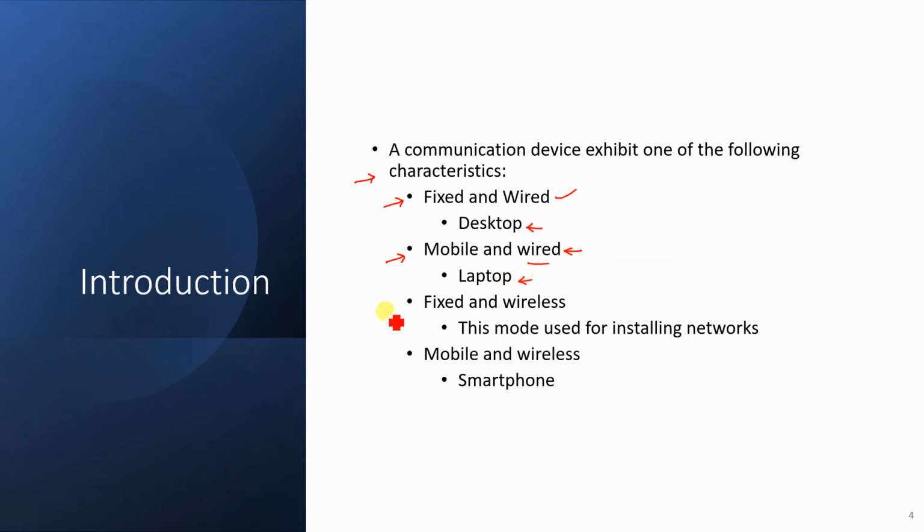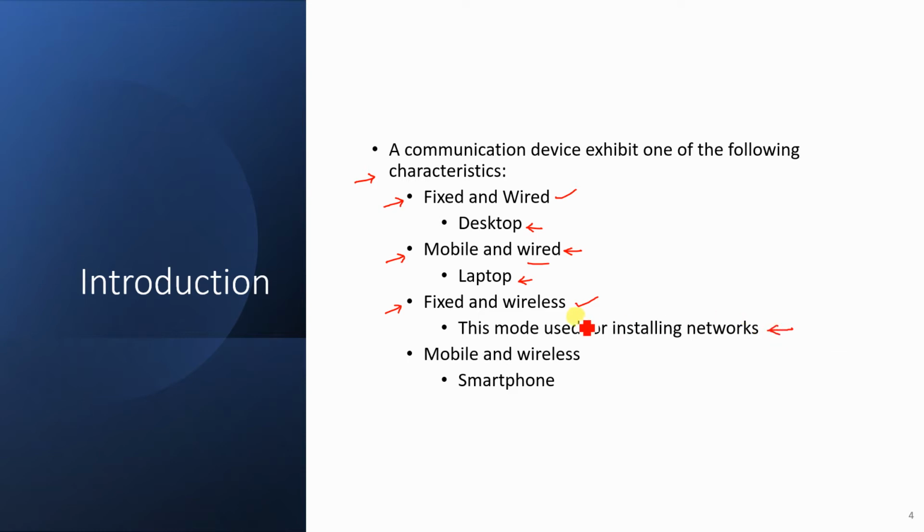Similarly, another type is fixed and wireless, which is not exactly practical. The device is fixed, and we don't even require a wire to access it. So we can say this is just a mode used for installing a network.